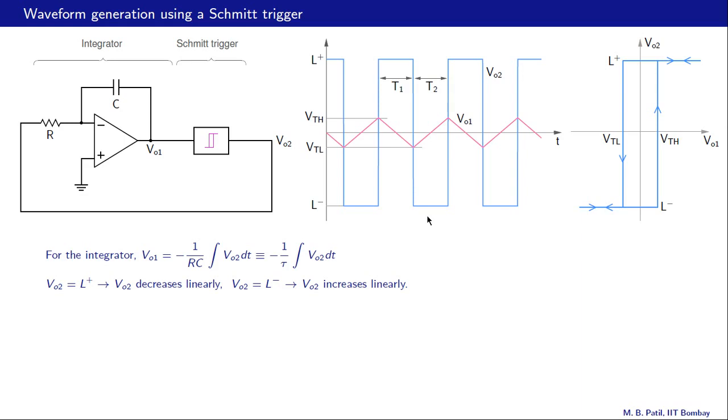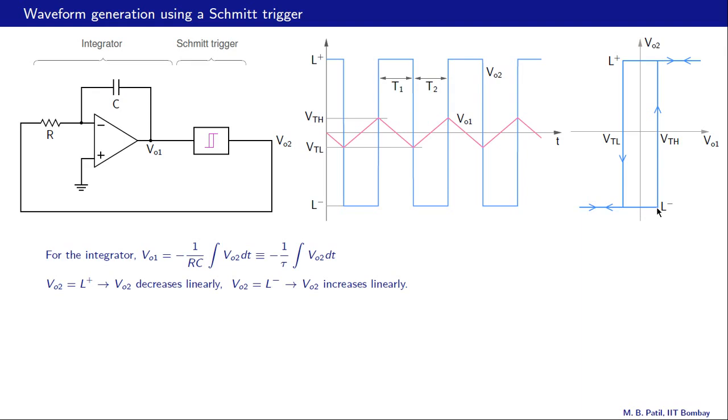When VO2 changes its sign as it goes from L plus to L minus, there is a change of sign here, and therefore VO1 now starts increasing. That is what we are seeing over here. And in terms of this plot, VO2 is negative, L minus, so that is here, and VO1 is increasing, so we are going in that direction.